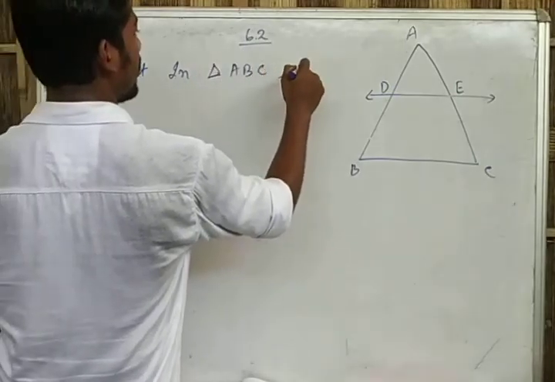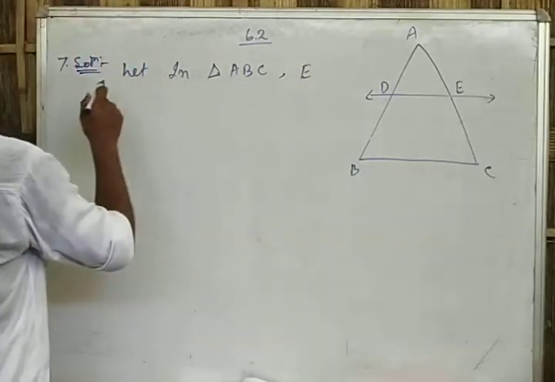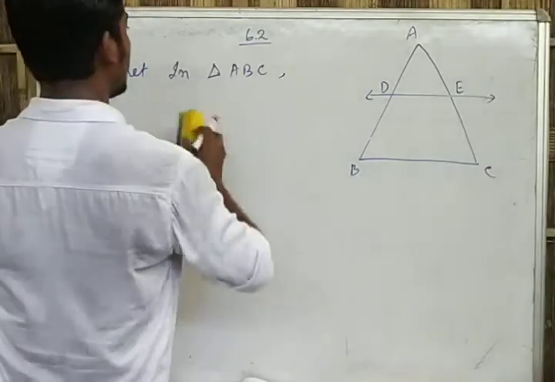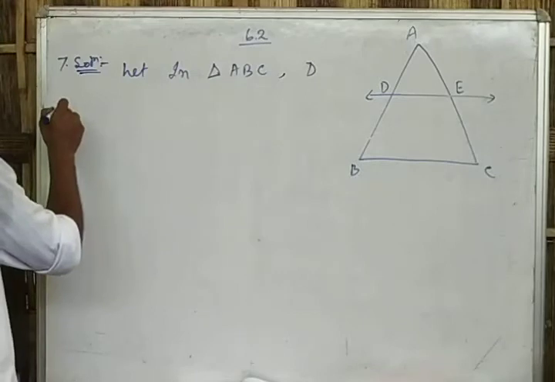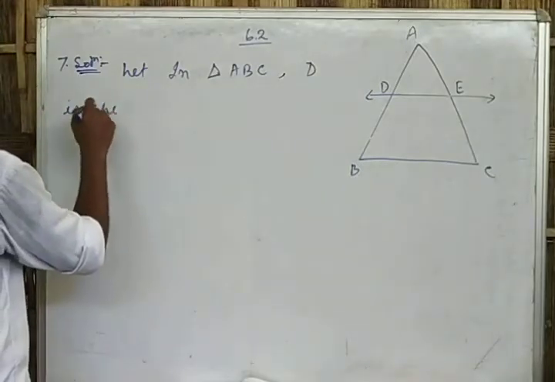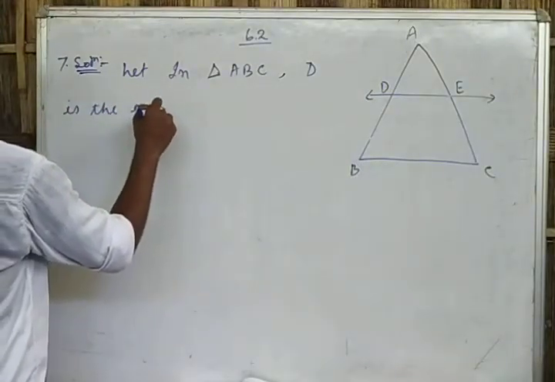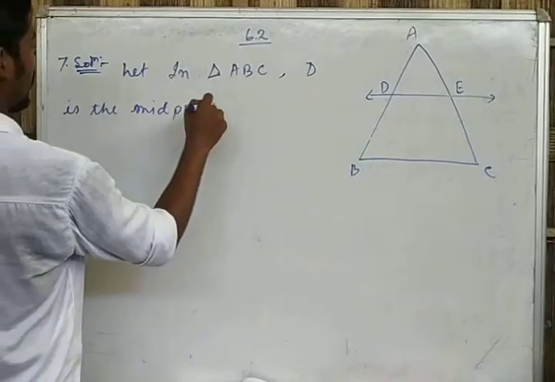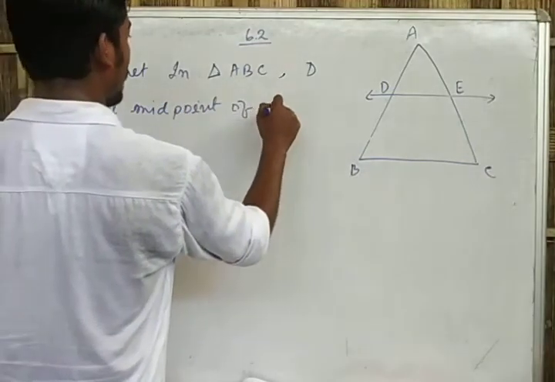In triangle ABC, D is the midpoint of AB.